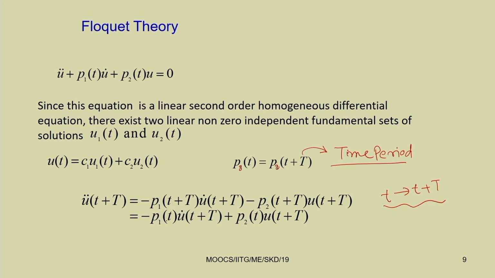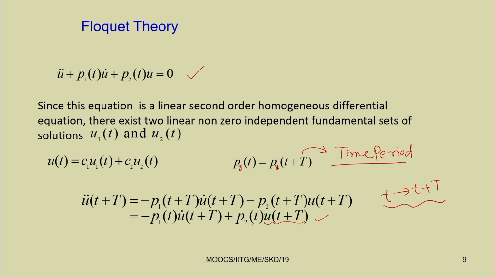So, we can write the equation as minus p1(t) u dot(t plus T) minus p2(t) u(t plus T). If you compare this with the original equation, they are the same. So, you can observe that if u(t) is a solution, then u(t plus T) is also a solution of the system.